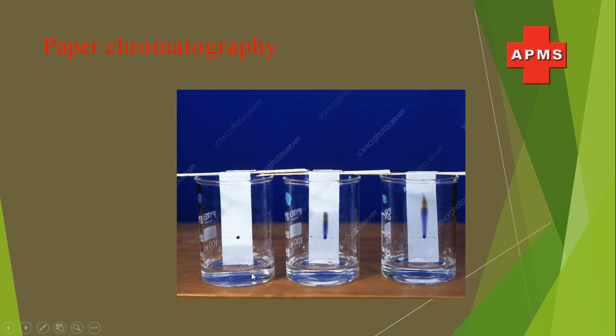This mobile phase, which is a solvent or a mixture of solvents, travels upward due to capillary action, and when it comes in contact with this sample spot, the sample spot solubilizes in this solvent and moves in the up direction. Different components present in this sample are separated depending on their interaction with the stationary phase.